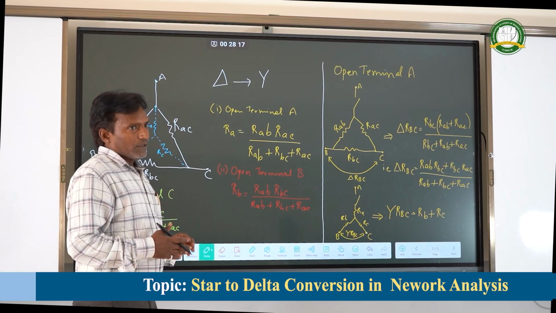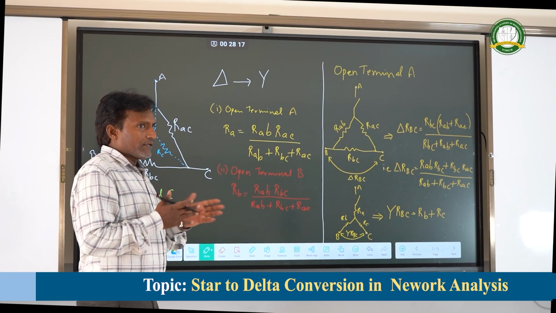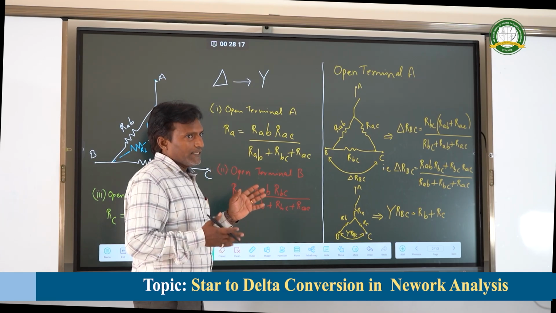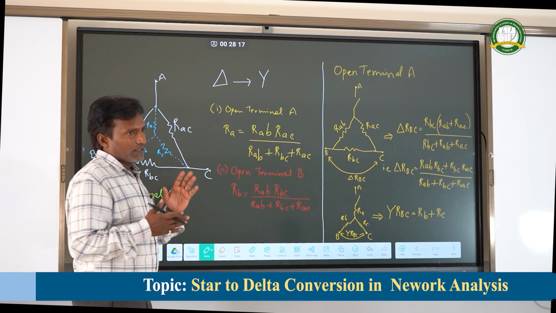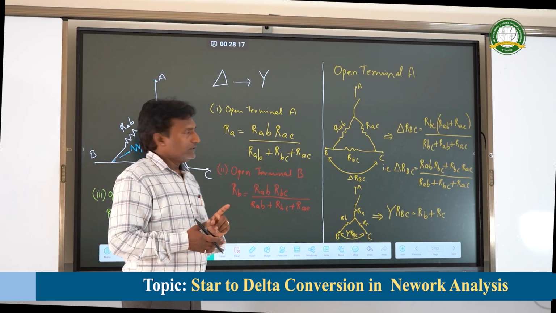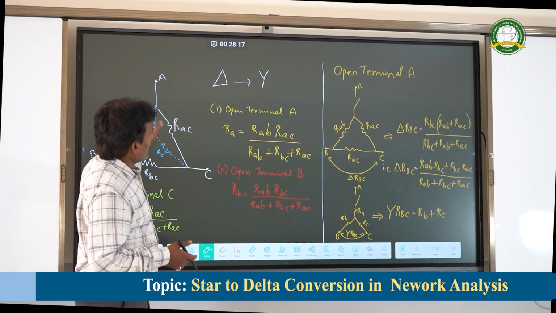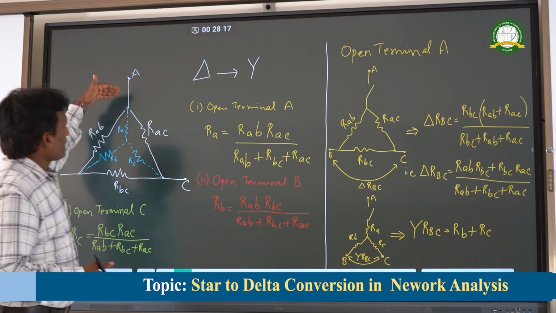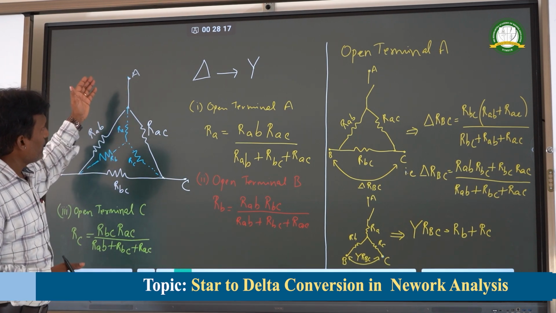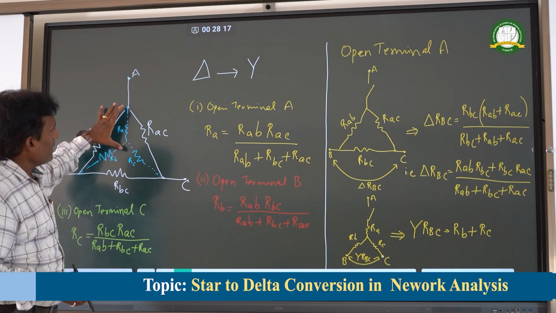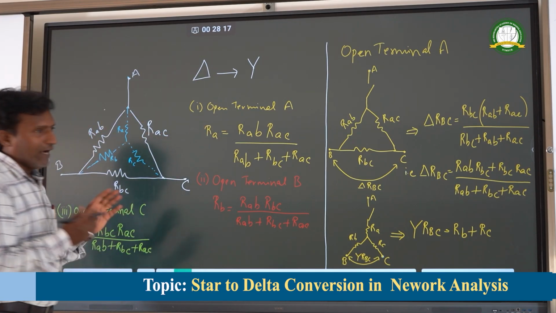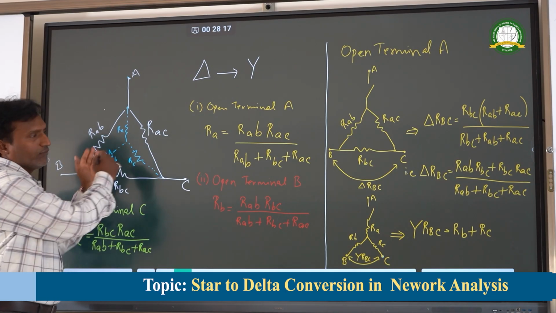On solving, I will make it easy. I give you a tip on how to solve this. We open the terminals A, B and C one at a time. Initially, on opening terminal A, we can find the effective resistance RA. RA is calculated by multiplying the opposite terminals of delta.